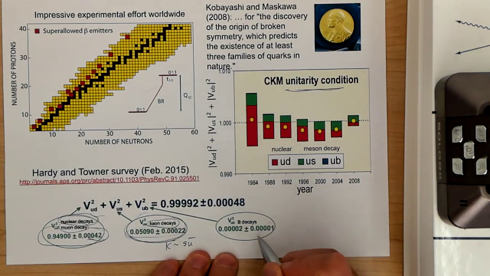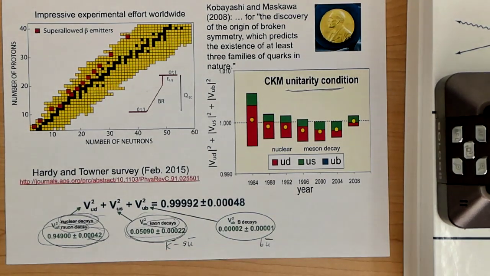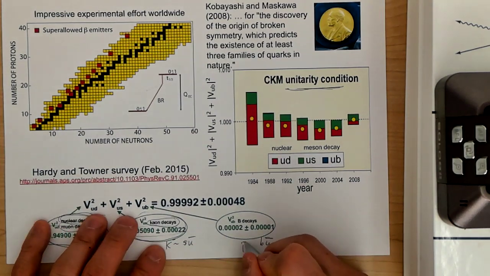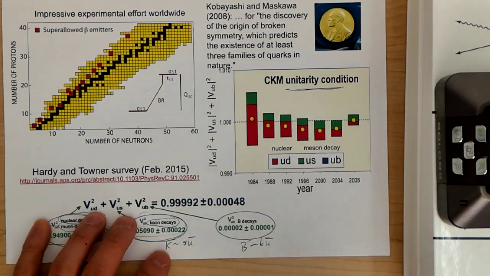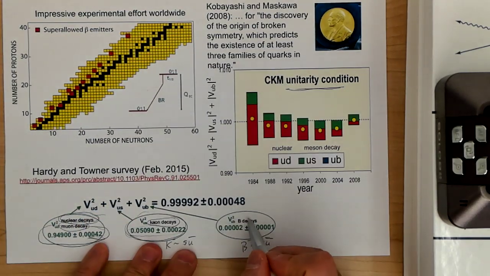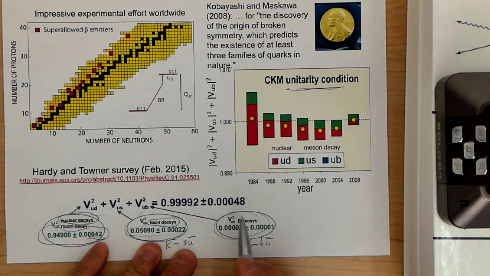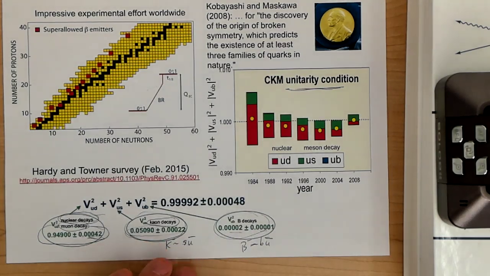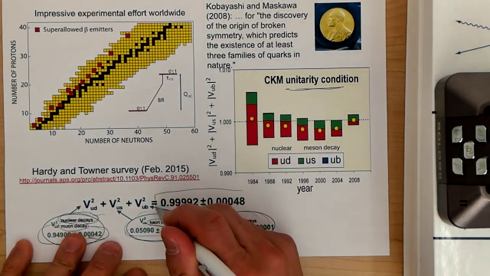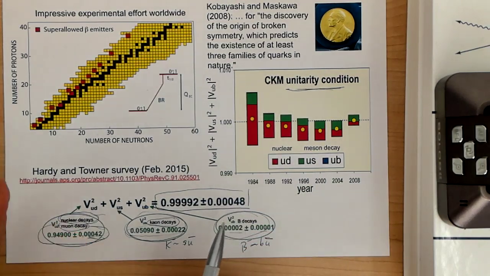And for the B meson decays, so that's involving things like b u-bar, a B minus meson, a much heavier meson, from that you can get V_ub squared, and that's a very small value, it turns out. And the unitarity condition works well, suggesting that we perhaps have a good description of what's going on with the weak interactions in the standard model, which is kind of impressive.